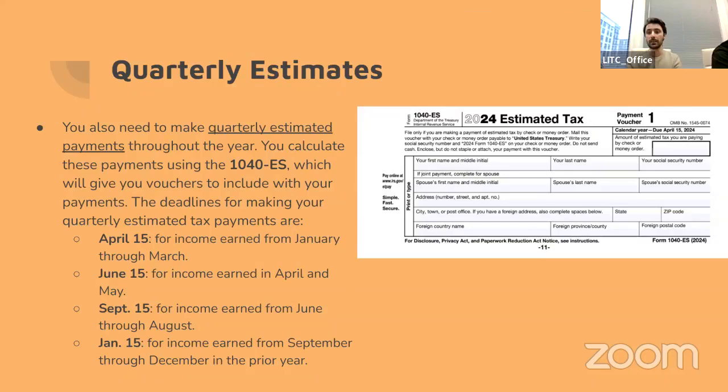Instead of one lump sum at the end, you pay in quarterly increments, and this allows you to track your expenses and losses more up to date, and doesn't force you to be saving all year in order to pay off your tax burden at the end of it. Going forward, those deadlines are April 15th, June 15th, September 15th, and January 15th. These are quarterly estimates of the year.